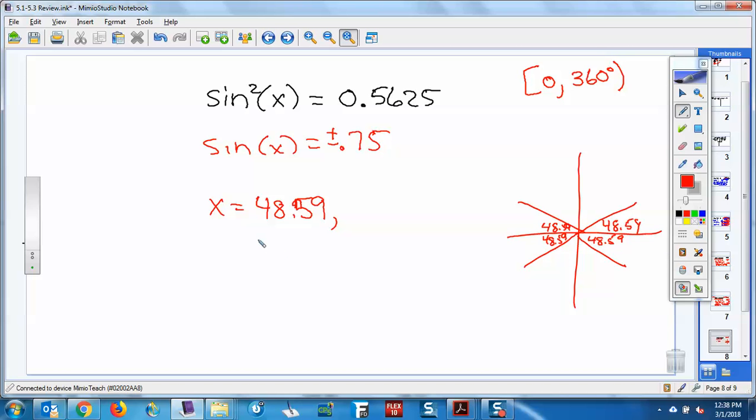So one of them is going to be 180 plus that, so 228.59 will be 1 for sure. Second quadrant, I don't know, what is that, 131.41, the round to 41. And the other one is 311.41, would that be the other one?